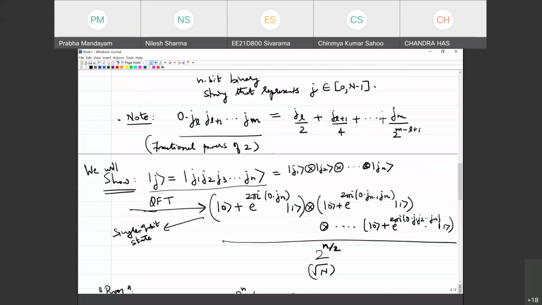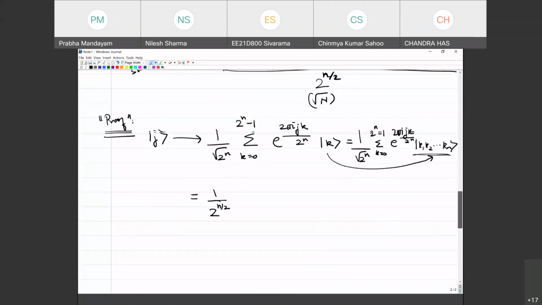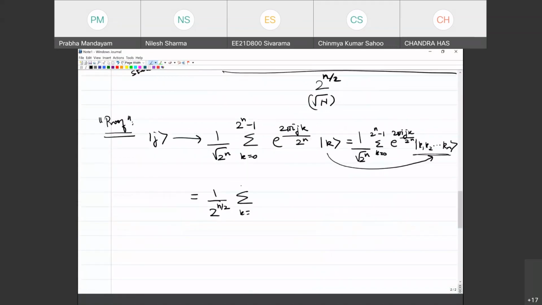So if you imagine a 2-bit string, then I will write strings like 0 0, 0 1, 1 0, 1 1, which is nothing but 0 tensor 0, 0 tensor 1, 1 tensor 0, 1 tensor 1, right? So this also similarly then becomes this is nothing but k1 tensor k2 tensor k3 etc.